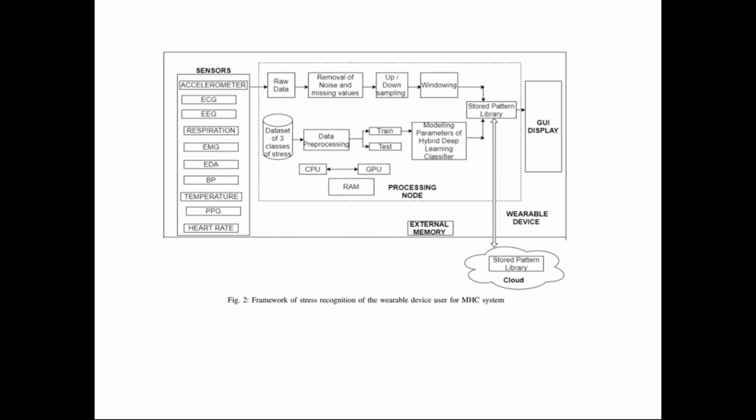From the raw data, there is removal of noise and missing values. After that, if the sampling rates of each of the sensors are not synchronized, for example, the accelerometer is sampled at the rate of 20 Hertz and EEG is sampled at the rate of 100 Hertz, the processing needs to be upsampled or downsampled as per the requirement.